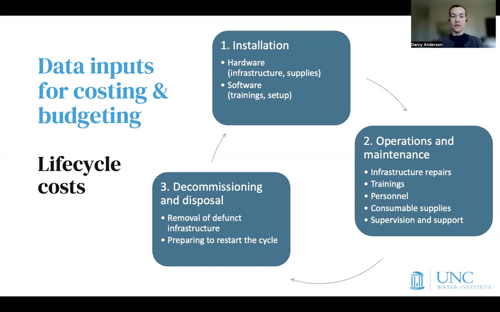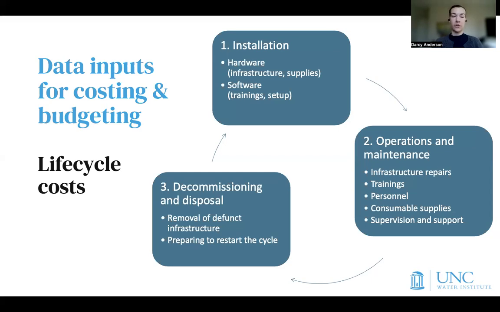Once a WASH service is installed, you move to the operations and maintenance phase. During this phase, the specific line items that may appear in a budget include things like infrastructure repairs, trainings, the salary of personnel that are required to operate and maintain the infrastructure, ongoing consumable supplies like fuel for an incinerator or soap, and then the costs of supervision and support.